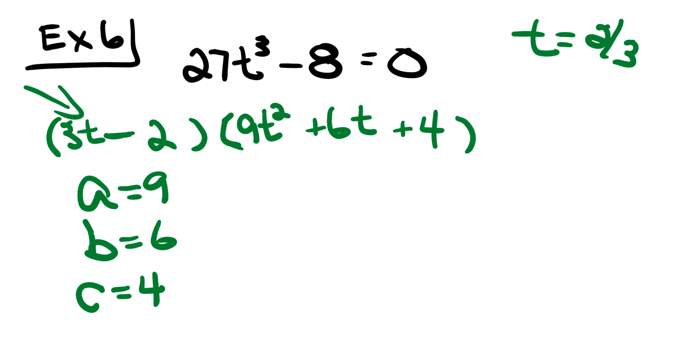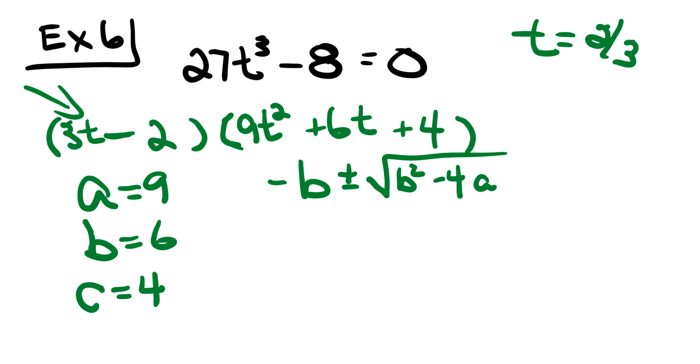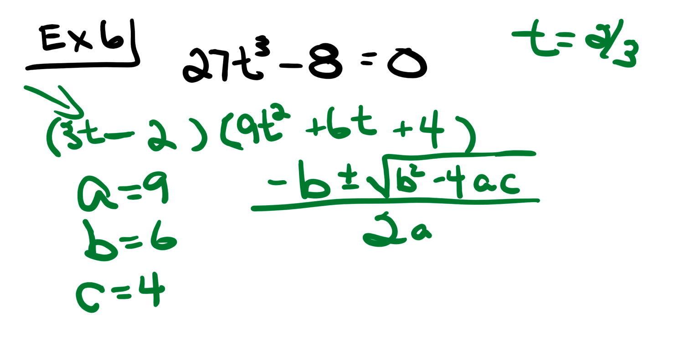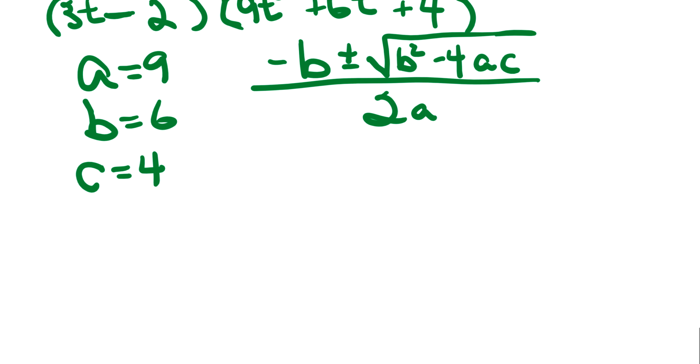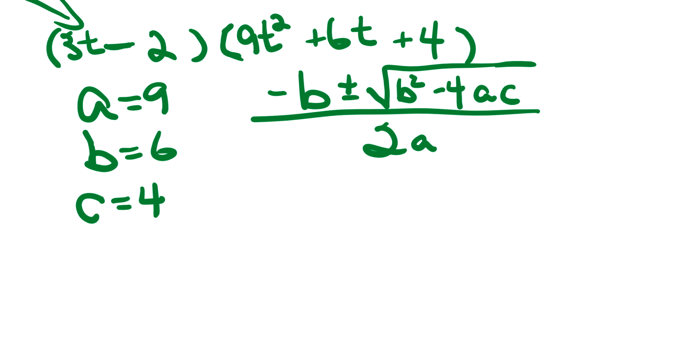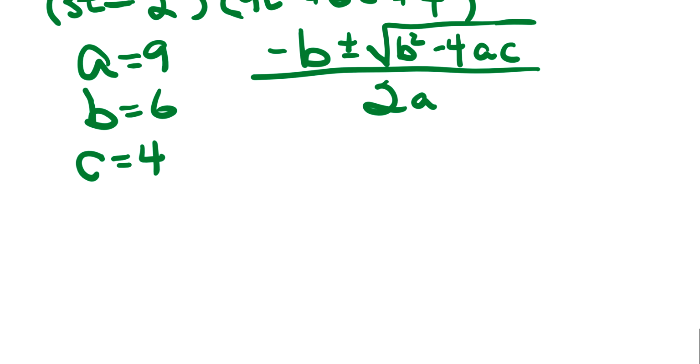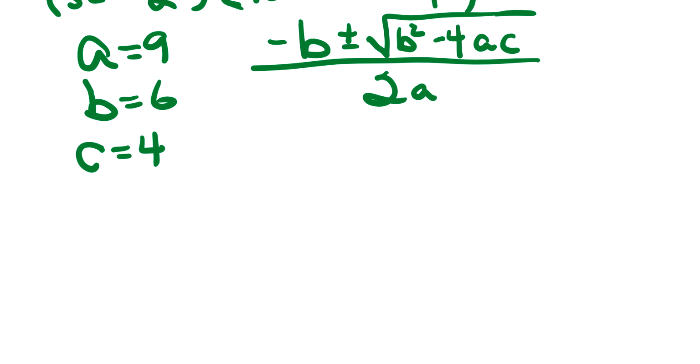For negative b plus or minus the square root of b squared minus 4 times a times c, all divided by 2a. All right, so let's plug it in here. So what am I going to have? I'm going to have a negative b, so that'll be negative 6.